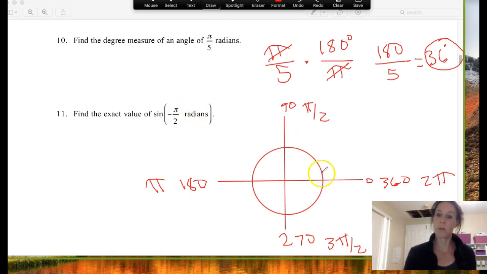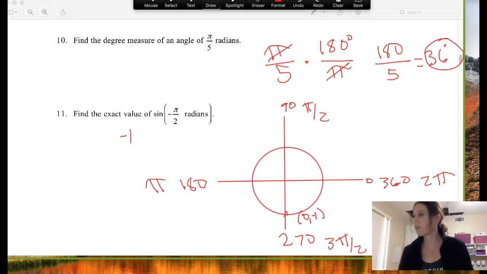Instead of going pi over 2, I go negative pi over 2. So negative pi over 2 is the same as 3 pi over 2. So right here is where I would be. And the sine, if you think about it, I go over 0, down 1. So it's 0, negative 1 for this point. So cosine, sine. So sine of negative pi over 2 is going to be negative 1.